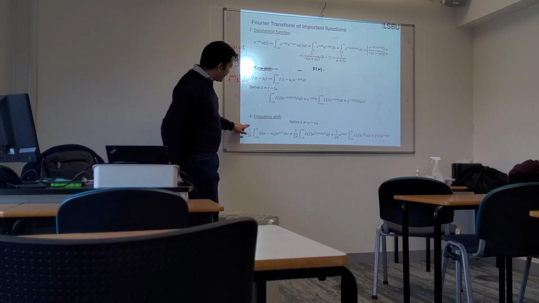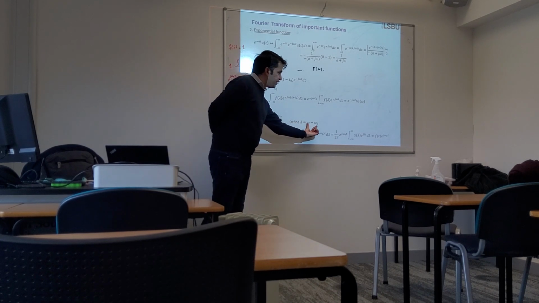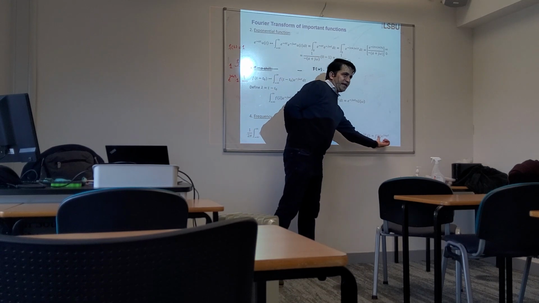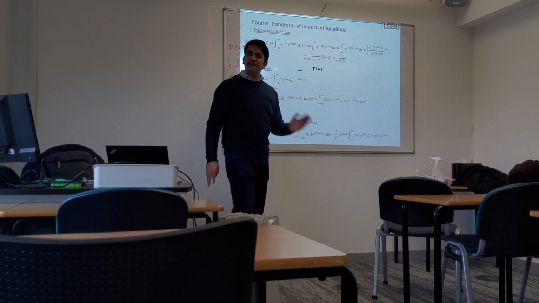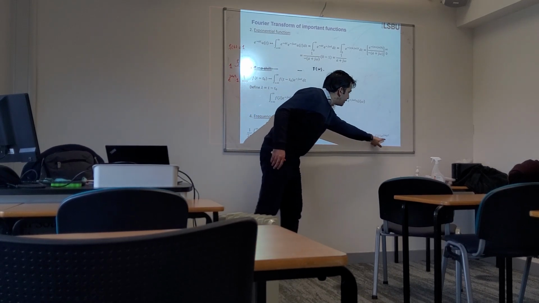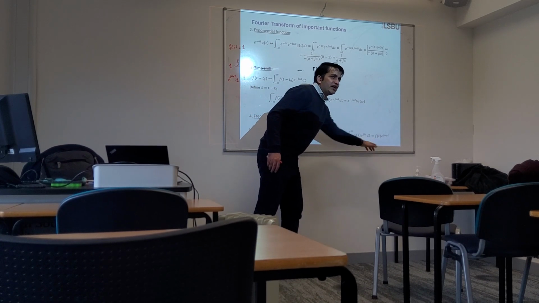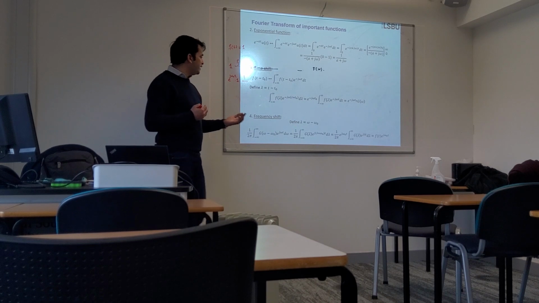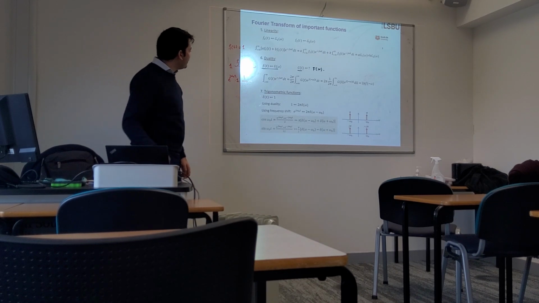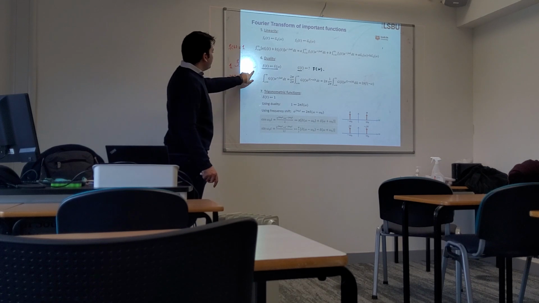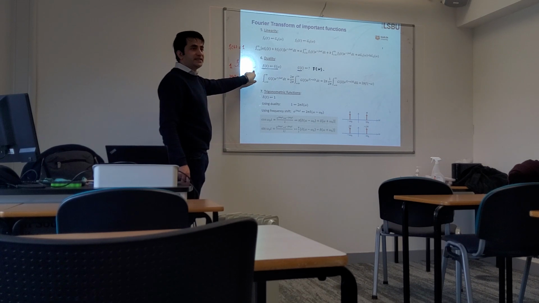Again, you can see that if we have a frequency shift, in time it looks like the function times e power j omega naught t. If we go in reverse, if we have e power j omega naught t multiplied with a function, in frequency it would be shifted by omega minus omega naught. Same thing we are doing here. We know for 1 we have the Fourier transform g of omega like this.